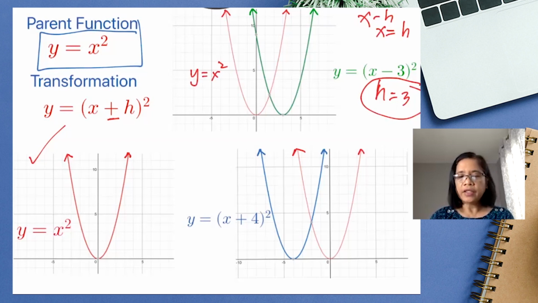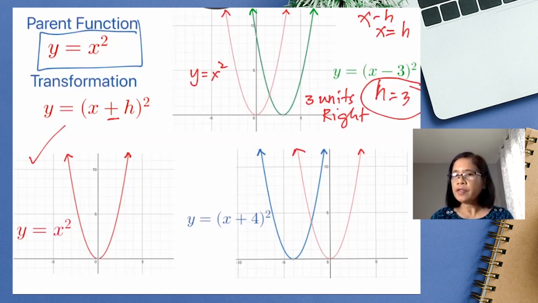When we change this now to x minus 3, the quantity squared, the graph is shifted 3 units to the right. So h equals 3 means 3 units to the right.